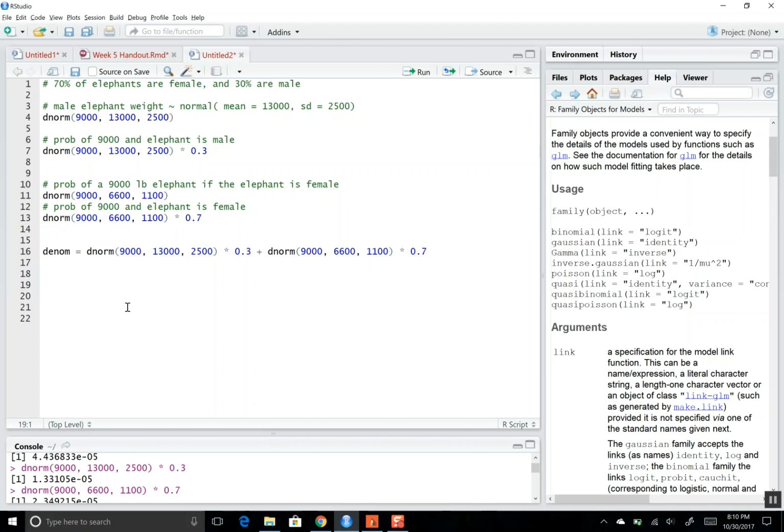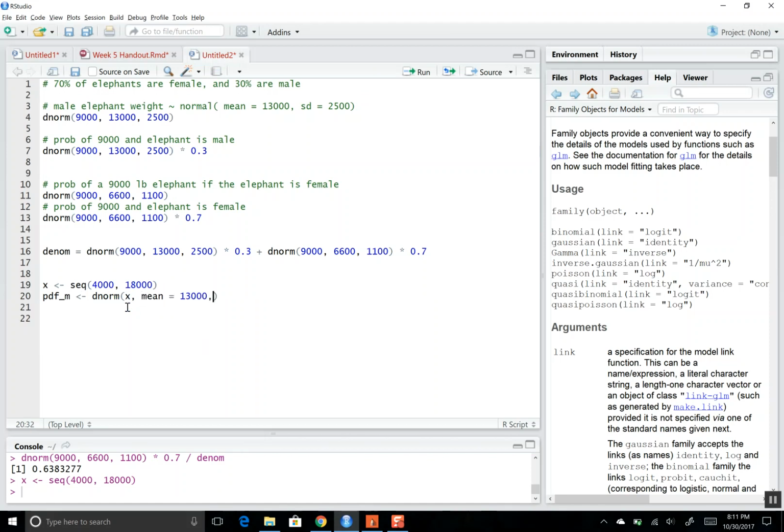So let's say X will be a curve; we'll make a sequence from 4,000 to 18,000. All right, so we'll do PDF underscore male will be dnorm of X using mean equal to 13,000 and standard deviation equal to, what did I say, 2,500?